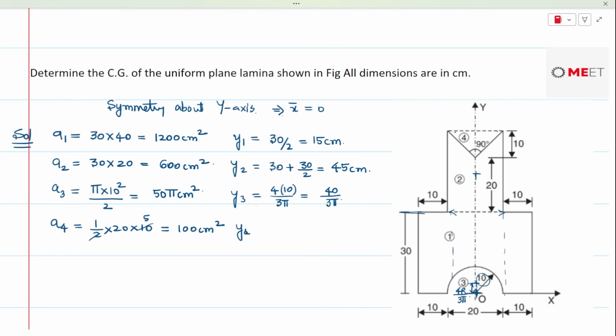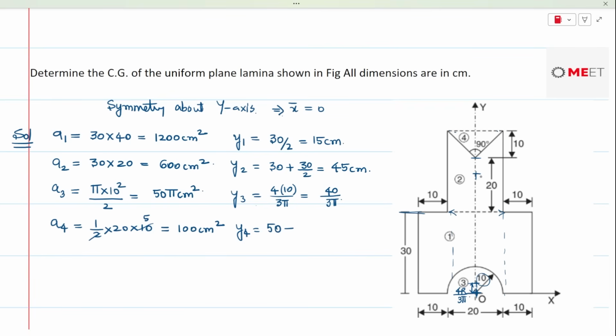Next, y4: we need to measure the distance from the point O up to the apex of the triangle. So this distance comes out to be 30 plus 20, which is 50.